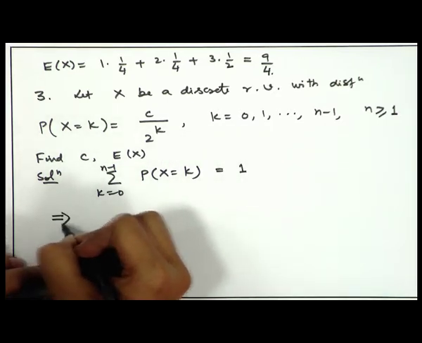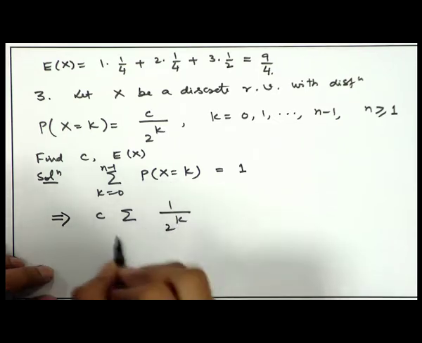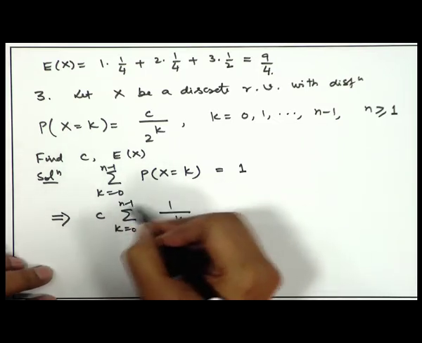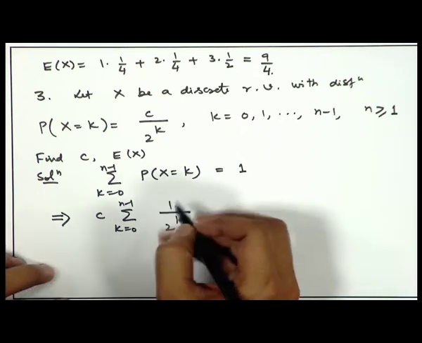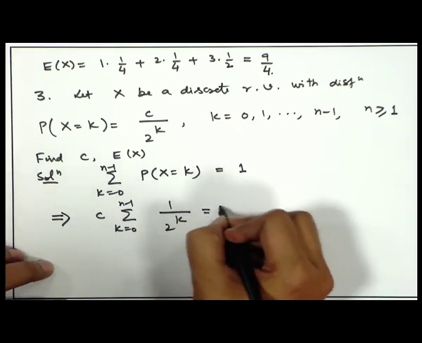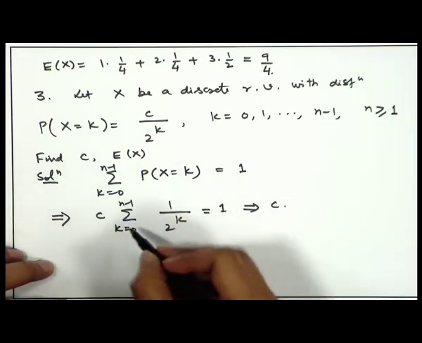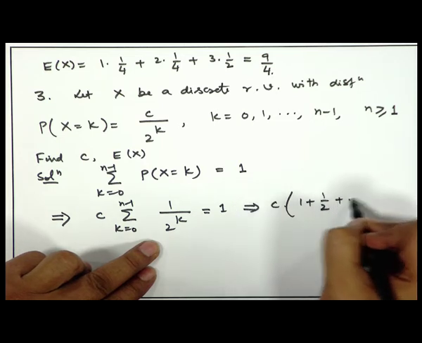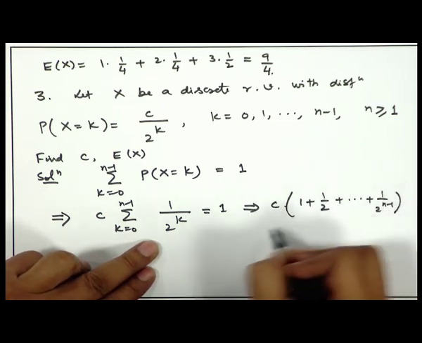So if we sum 1 by 2 to the power k, k equal to 0 to n minus 1, then this is nothing but a sum of a finite geometric progression. So this value we can easily calculate. The first term is 1, then you have half and so on, plus 1 by 2 to the power n minus 1.